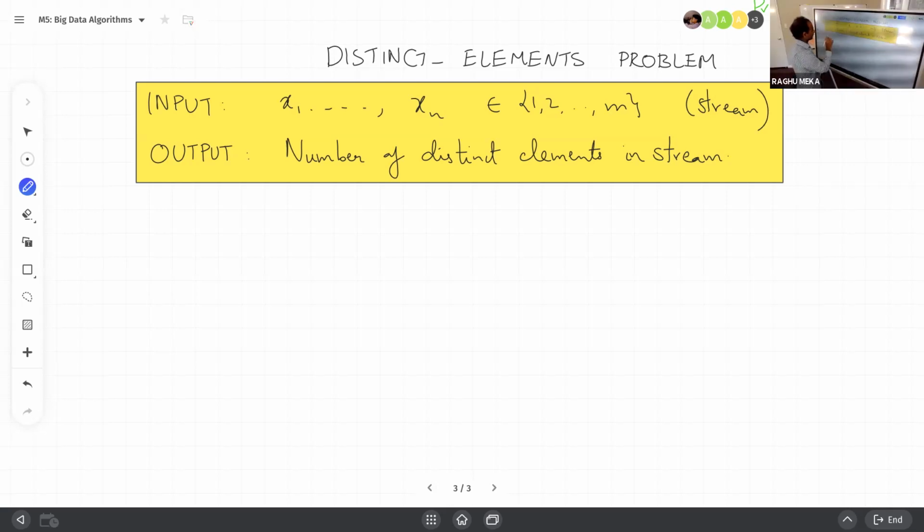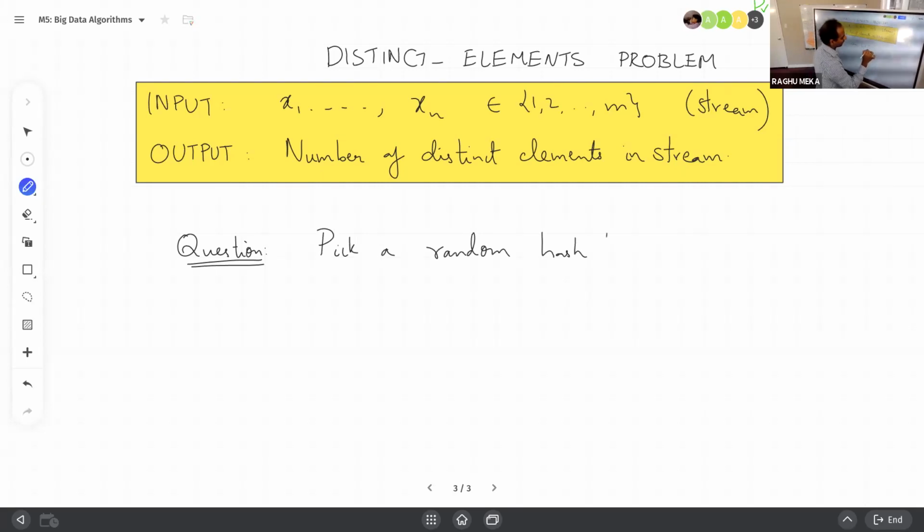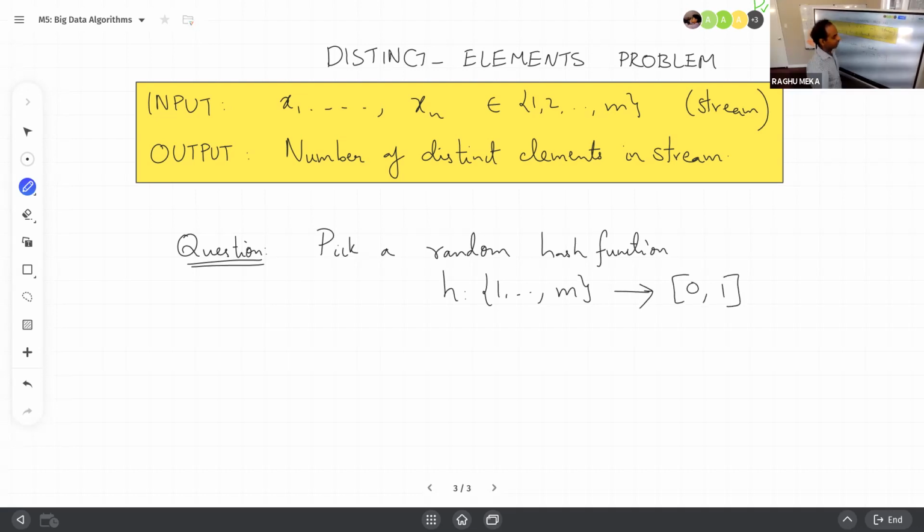Okay, so let me ask a question. Suppose I have a set, and I pick a random hash function from my space to the real numbers.